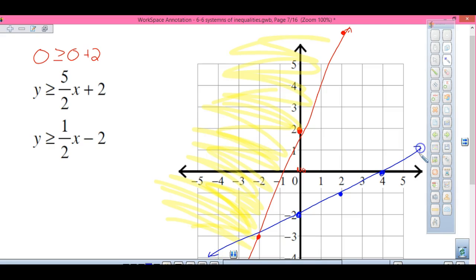And now we have to test what? (0, 0). So is 0 greater than or equal to 0 minus 2? Yes. So again, very lightly shade toward what? Yep, toward the (0, 0), because we want it shaded right there.